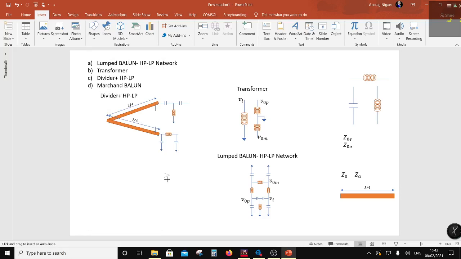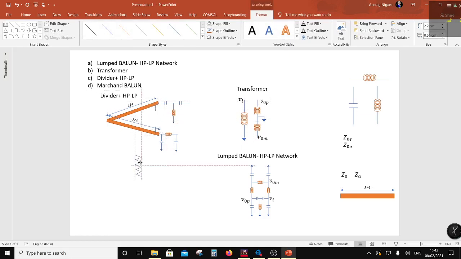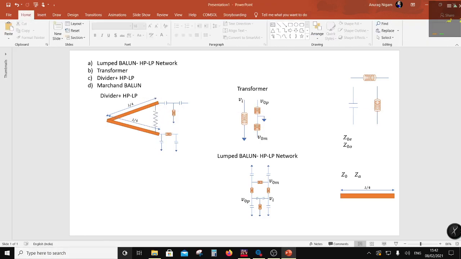Roughly, I'm not good at drawing. So something like this is there in between. Okay. So this would be another approach of a lumped plus a distributed.